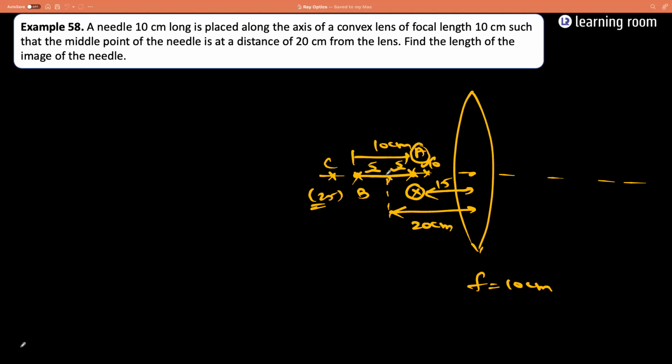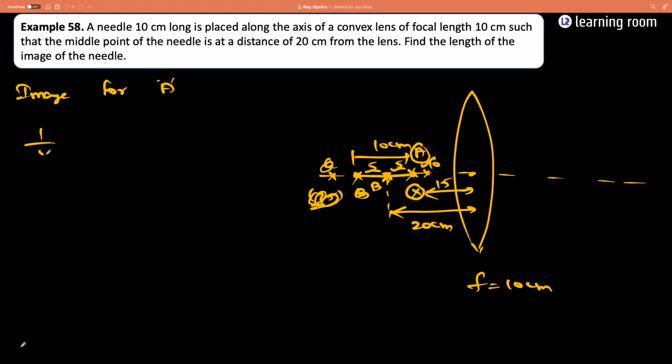B is the center of curvature, actually, so point B is beyond C. So point A is between F and C, point B is beyond C. Now find where the image for A is formed.